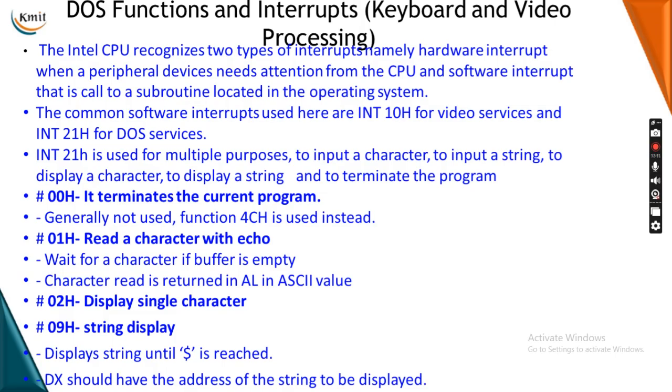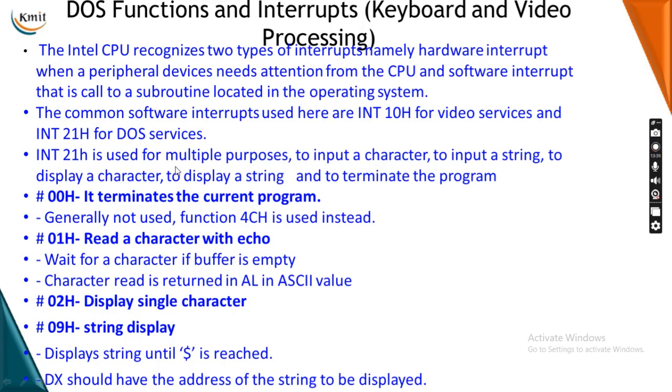So the DOS functions and the interrupts: we have many interrupts like INT 00H, INT 21H, INT 01H, INT 02H, 09H. INT 21H is for DOS services, coming to the DOS command prompt. INT 10H is for video services.